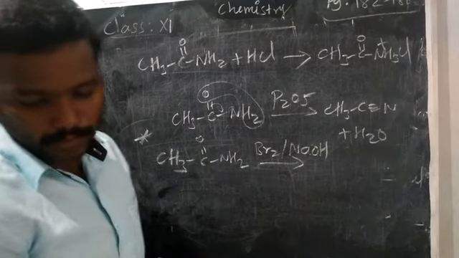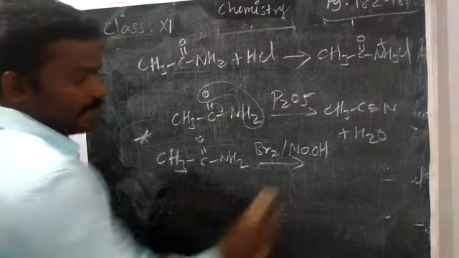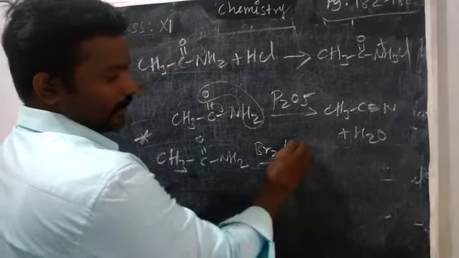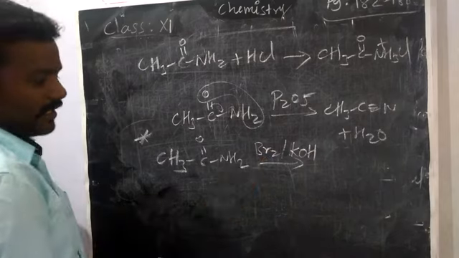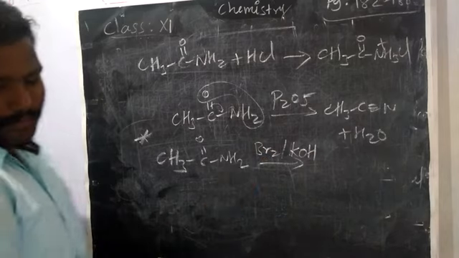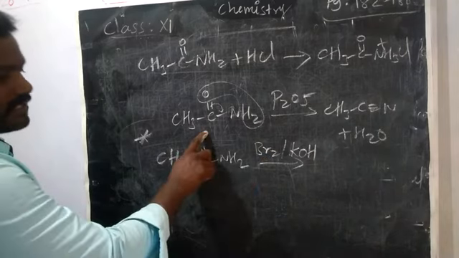Here we have to take one more catalyst. Actually, I have taken sodium hydroxide in the book; another base is potassium hydroxide. So you have to remove this CO group.